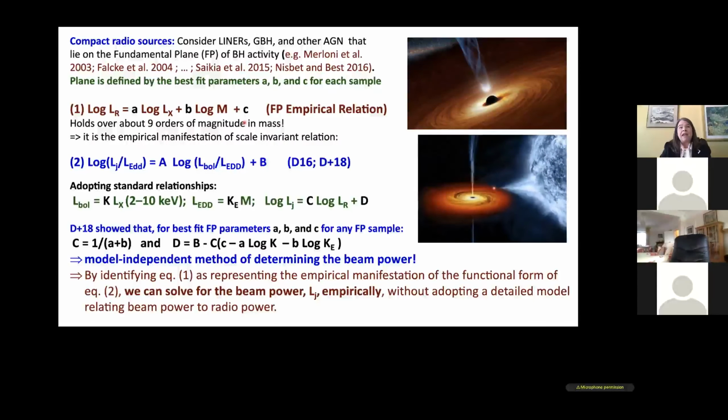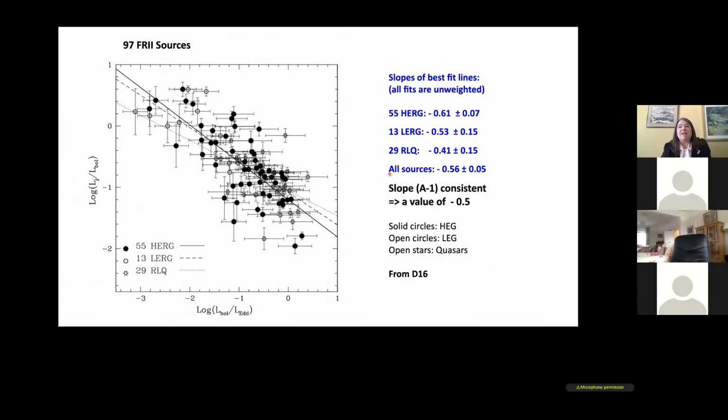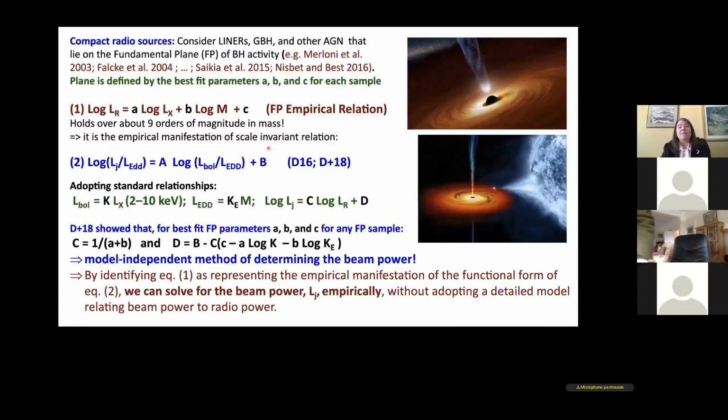So having obtained this relationship for the FR2s, which is basically shown by equation 2, it wasn't much of a stretch to realize that the fundamental plane is possibly the empirical manifestation of a relationship like equation 2.